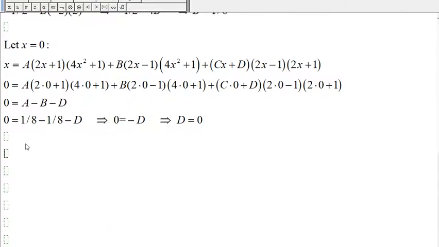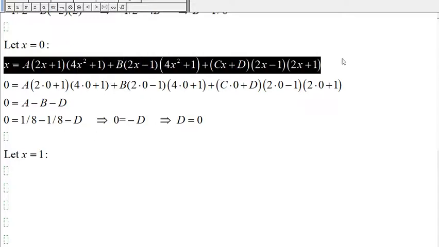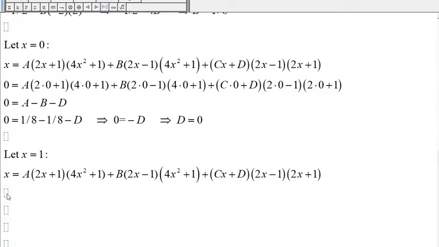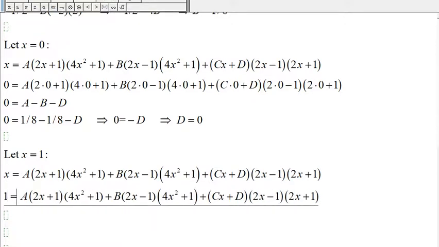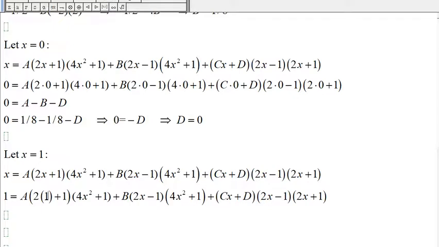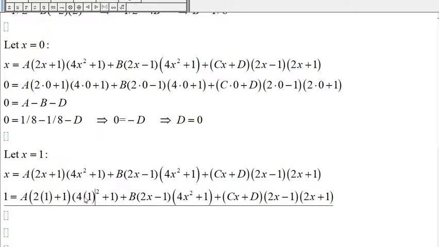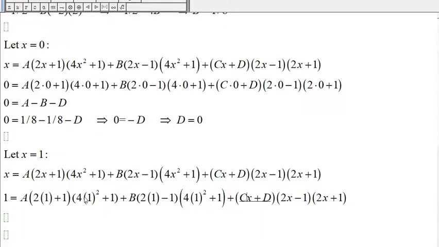And so for C, let's pick x to be 1. So we get 1 here, and then we have a 1 here, 1 here. So we get 1.